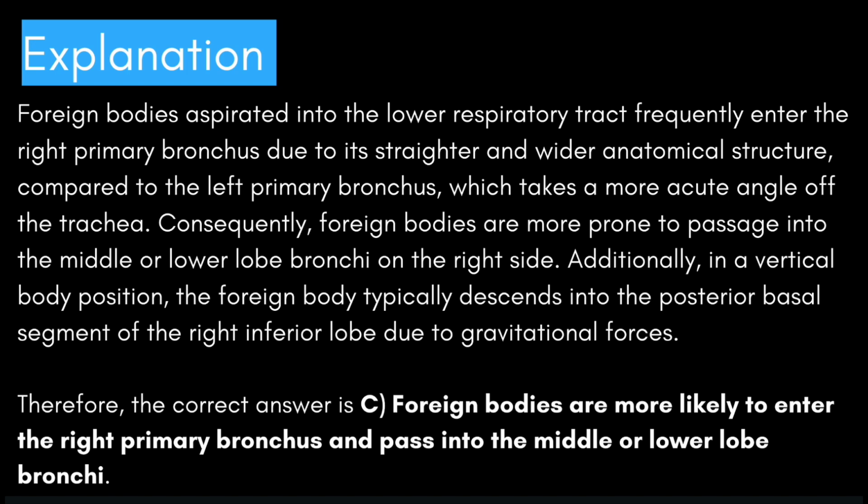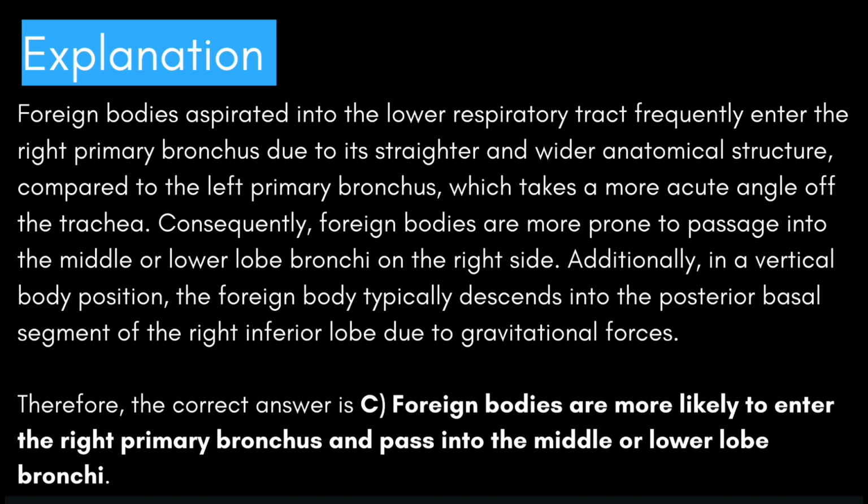Foreign bodies aspirated into the lower respiratory tract frequently enter the right primary bronchus due to its straighter and wider anatomical structure compared to the left primary bronchus, which takes a more acute angle off the trachea. Consequently, foreign bodies are more prone to passage into the middle or lower lobe bronchi on the right side.